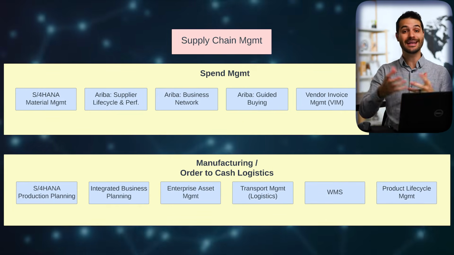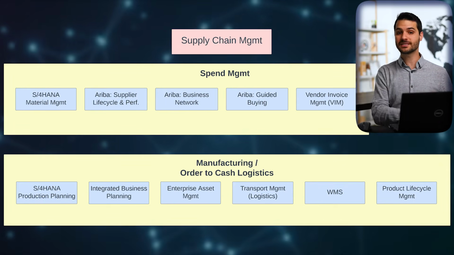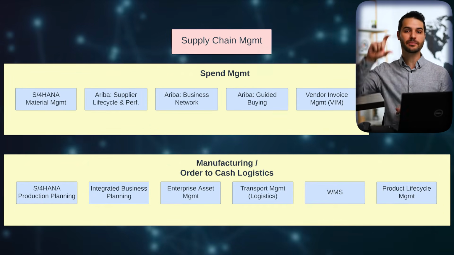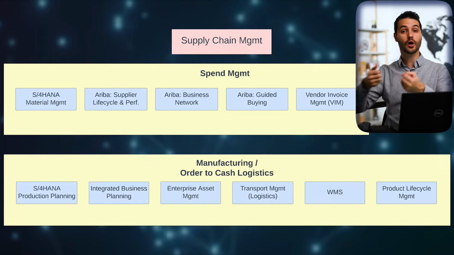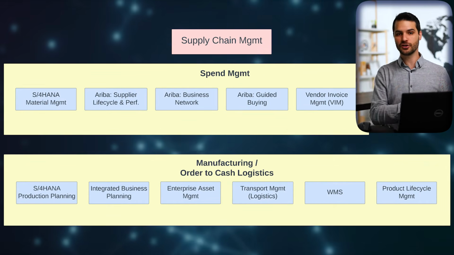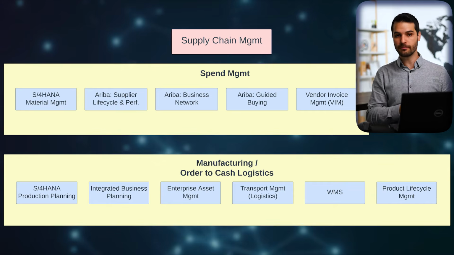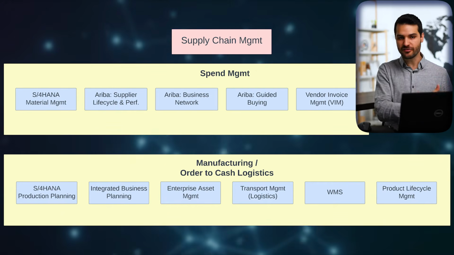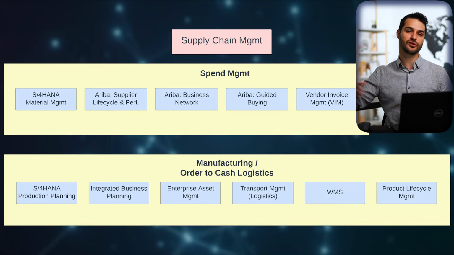However, if you're a company that is buying things to resell or potentially manufacturing things, then you're going to be relying on that top tier to acquire the items. And then you're going to use that second tier's products and modules like production and manufacturing, transport out to your customers.